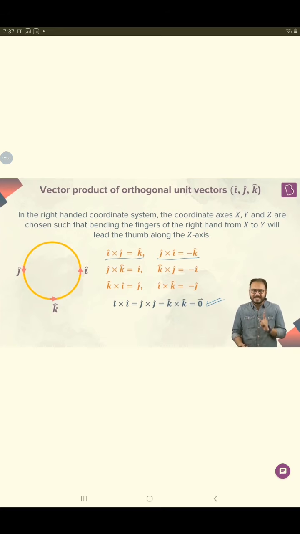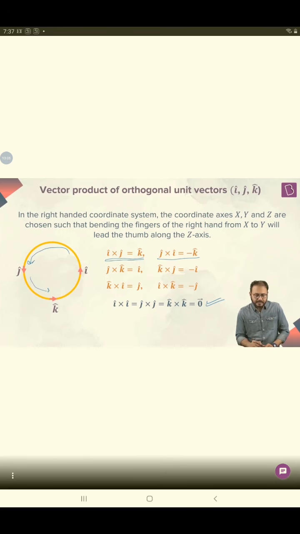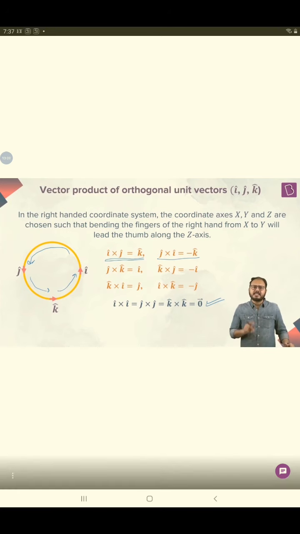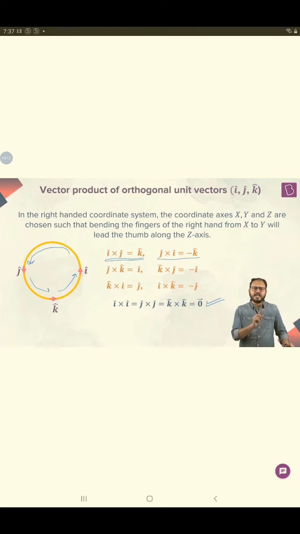Now pay attention. i cross j will give you k. There is a cyclic order in making. First comes i, then comes j, then comes k, and then comes i again. The cyclic order is i, j, k, or rather just one cycle, i, j, k, i.